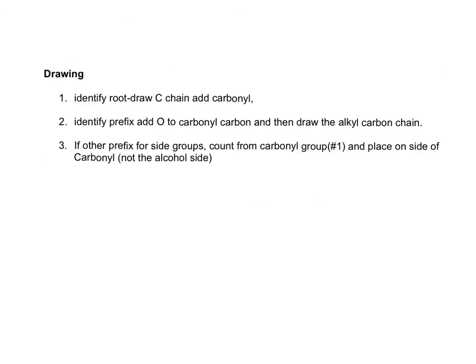Drawing is a little simpler. Identify the root, so draw the carbon chain and add your carbonyl group. Identify the prefix, add O to the carbonyl carbon, and then draw in the alkyl carbon chain. If there are prefixes for other side groups, count from the carbonyl group and place them on the side of the carbonyl, not on the alcohol side.